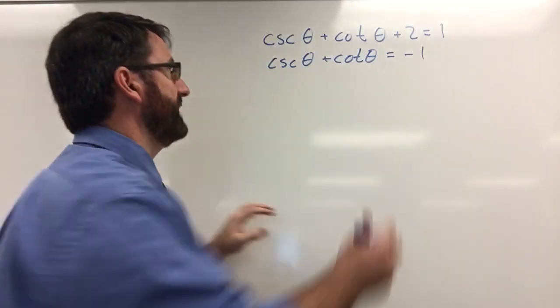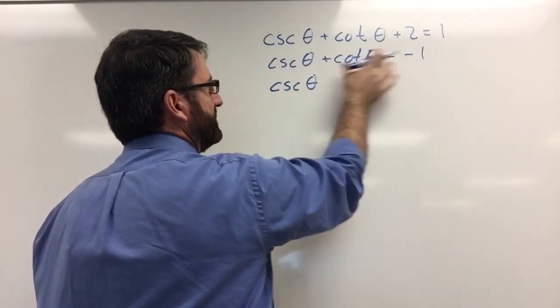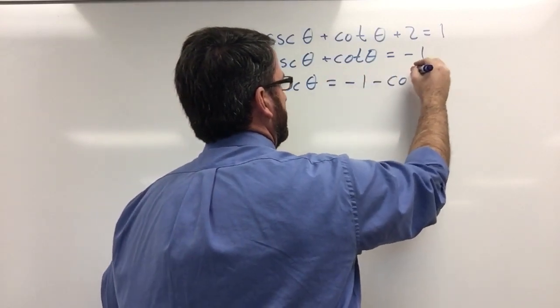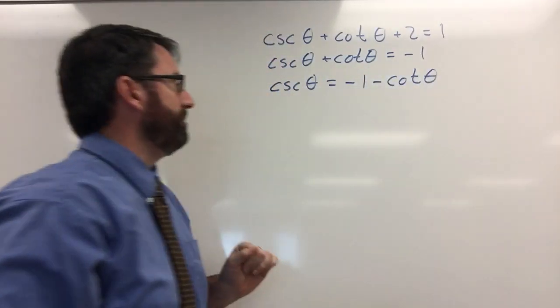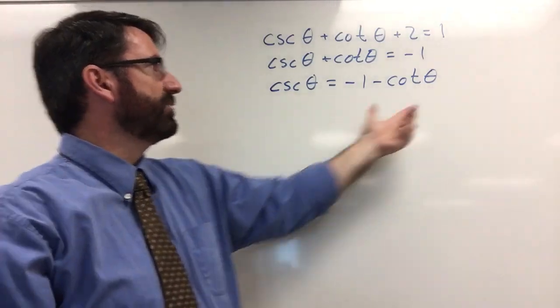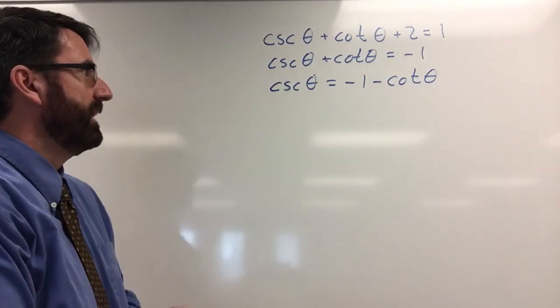Let's first get the cotangent over to the other side. So we get cosecant theta. If we subtract cotangent from both sides, we get equals -1 minus cotangent theta. And now let's square both sides. So we'll get a cosecant squared and a cotangent squared. Those, then we can use.